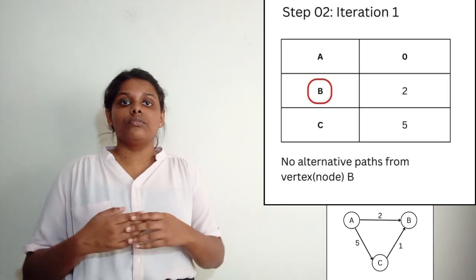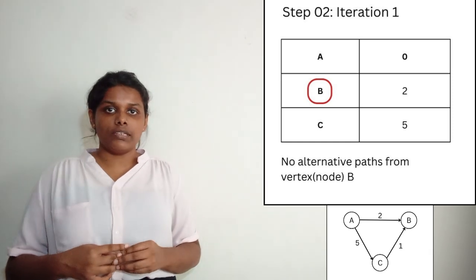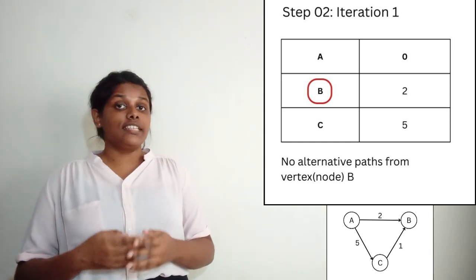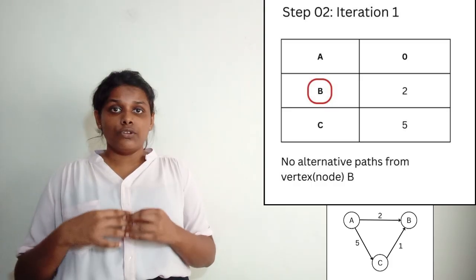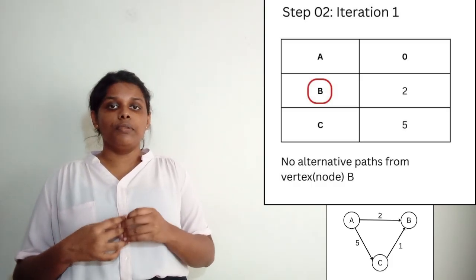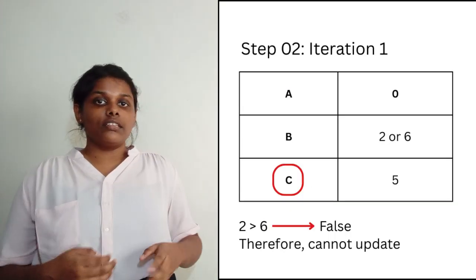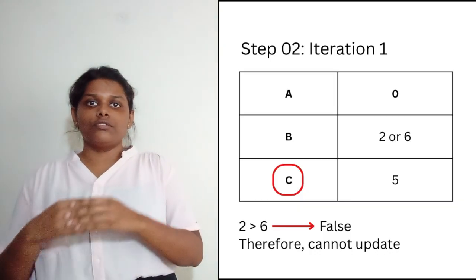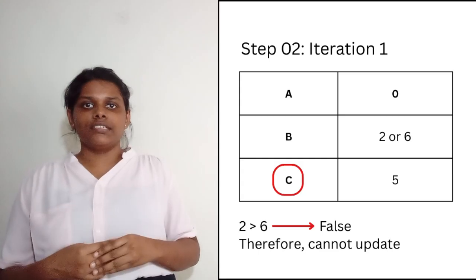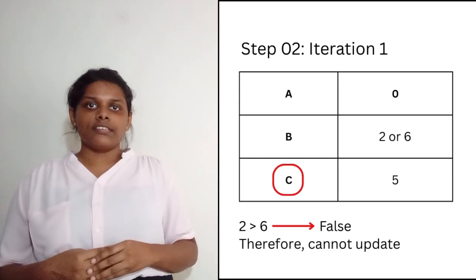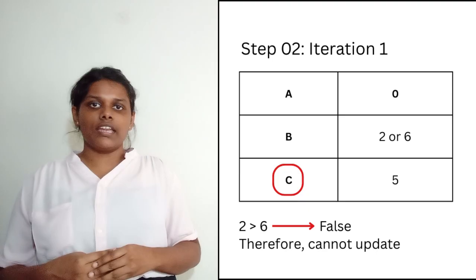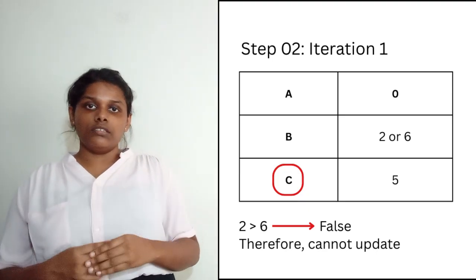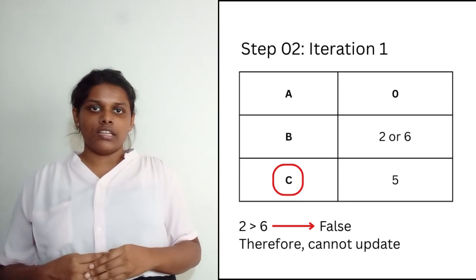When considering node B, no changes will happen because, as you can see, there is no path starting from node B. There is another path for reaching node B, from A to C and C to B. As the total weight, we get 5 plus 1, which is equal to 6.